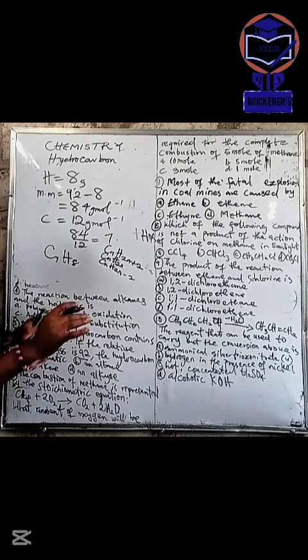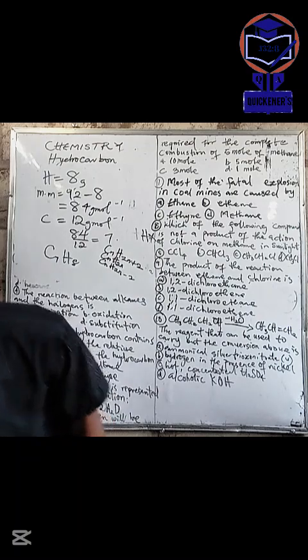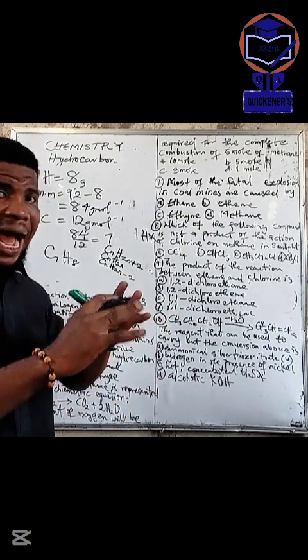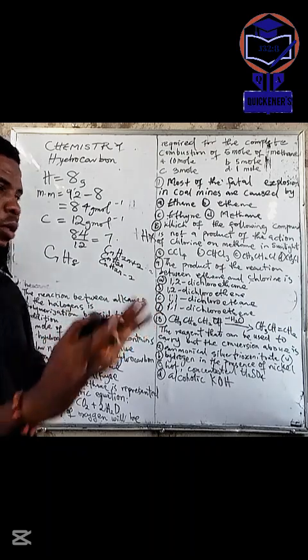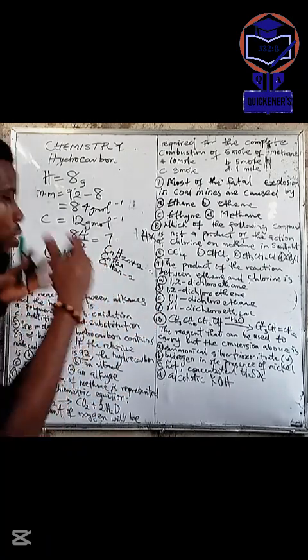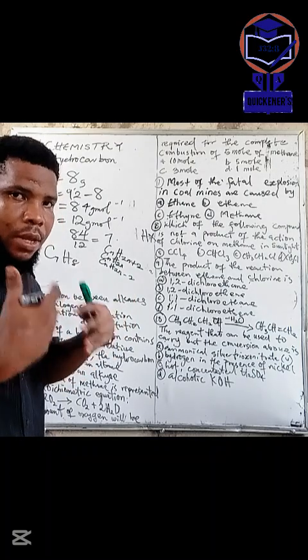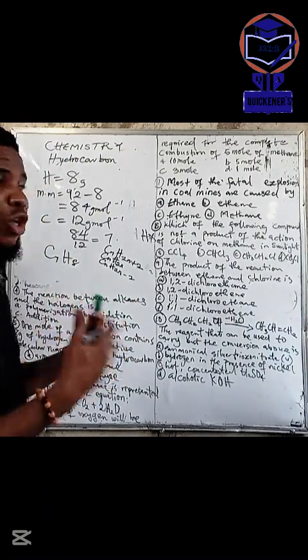So what you do is, remember that this is C7. It could be an alkyne or alkene, right? But based on this JAMB question, we apply the best option that could possibly be the answer.